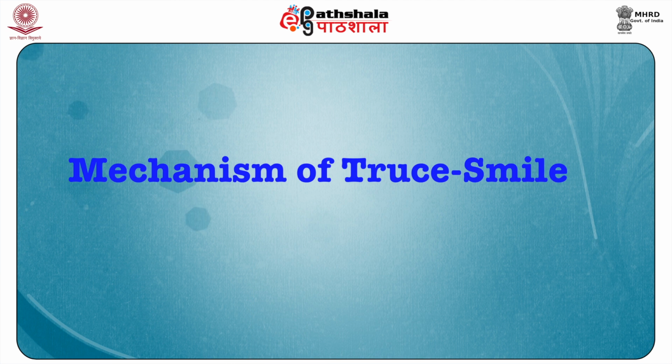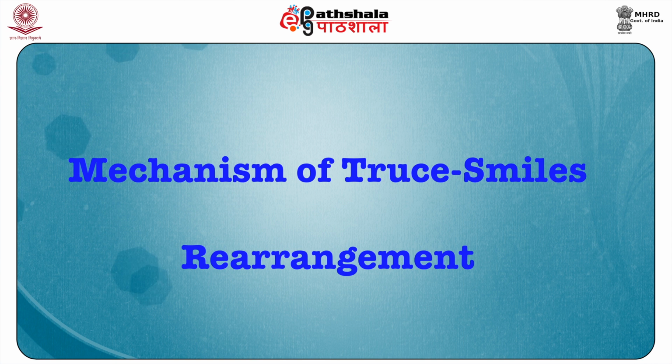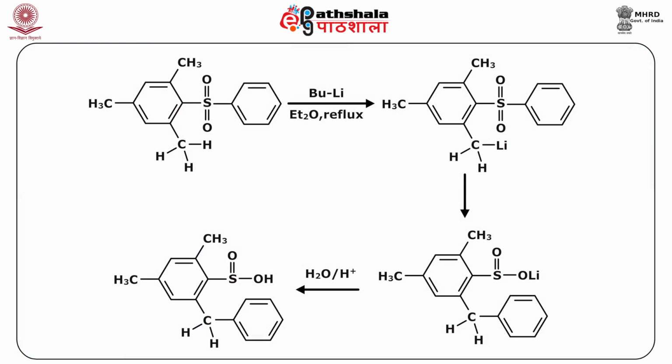Now, let us talk of the mechanism of the modified Smiles rearrangement or the true Smiles rearrangement. When sulfone is treated with butyl lithium, deprotonation leads to the formation of benzylic lithium compound. True Smiles rearrangement and hydrolysis of this intermediate gives the sulfonic acid.